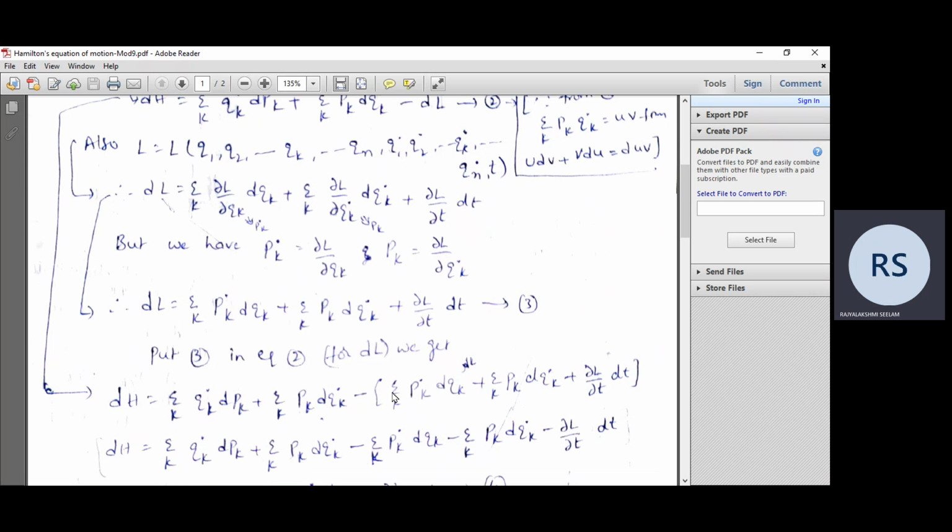We have a minus here, so we multiply this with minus. So dH equals sigma k qk dot dpk plus sigma k pk dqk dot minus sigma k pk dot dqk minus sigma k pk dqk dot minus ∂L/∂t dt.